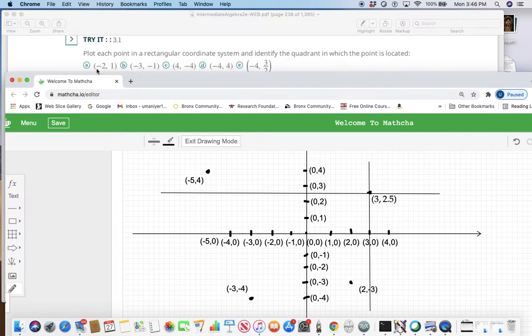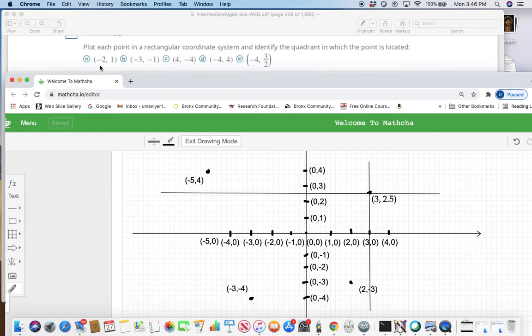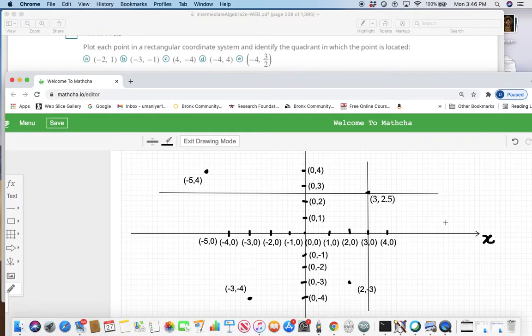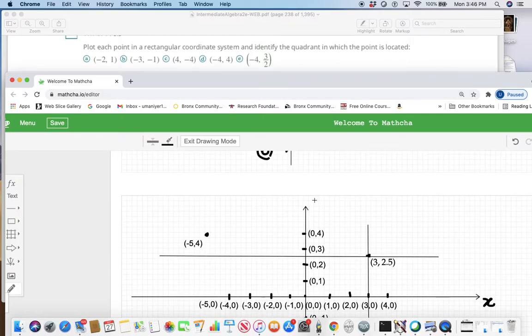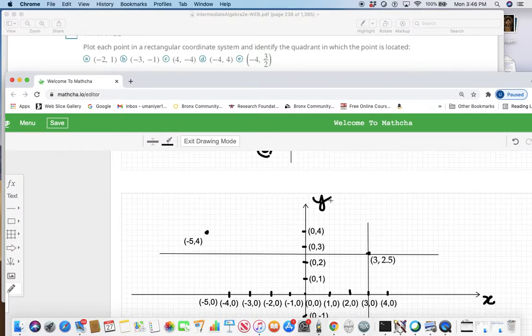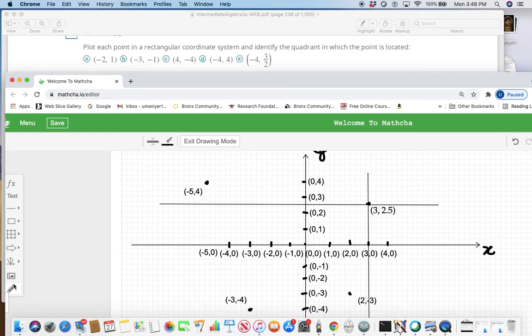Here, let's try this. Negative 2, 1. X coordinate is negative 2. So somewhere there, x on the x-axis. Maybe we should write x and y so we know the horizontal axis is the x-axis, the vertical axis is the y-axis. Okay. So negative 2, the first coordinate is the x coordinate.